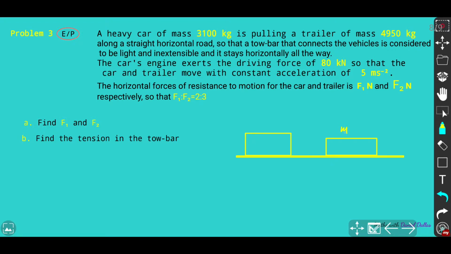Okay, it's 3,100 kgs, and capital M for the trailer. They are connected with an invisible, basically, sort of unstretchable string, inextensible line. So that's why we definitely can apply the model of connected particles.